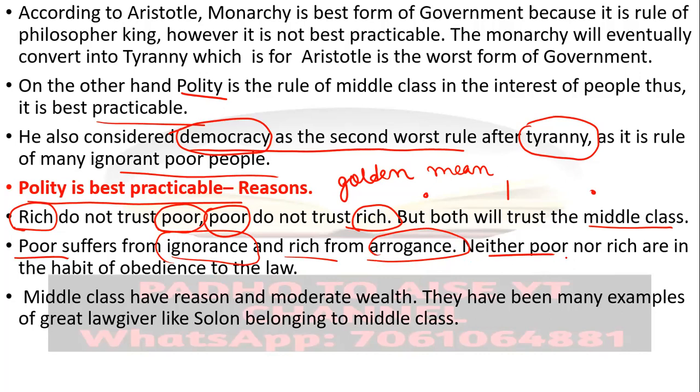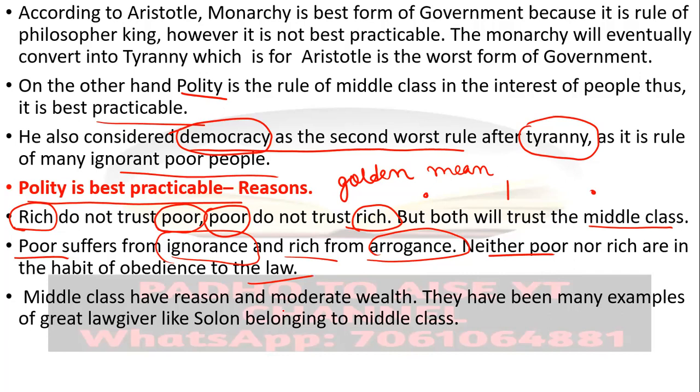Neither the poor nor the rich are in the habit of obedience to law, but the middle class, who have moderate reason and wealth, pay habitual obedience to the law. So therefore the rule of the middle class is the best rule, because they would be obeying the law. They are neither ignorant, nor arrogant. They have reason and they have moderate wealth.